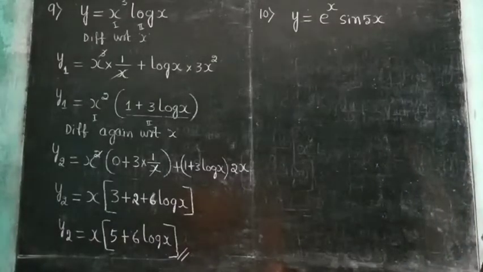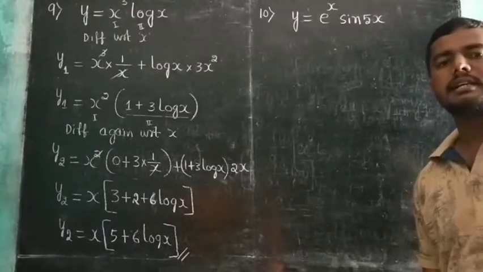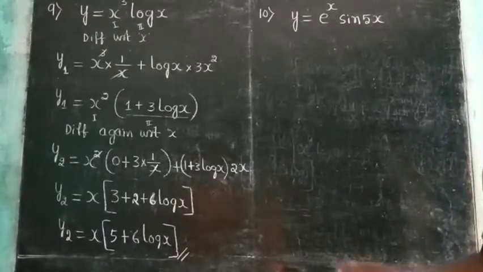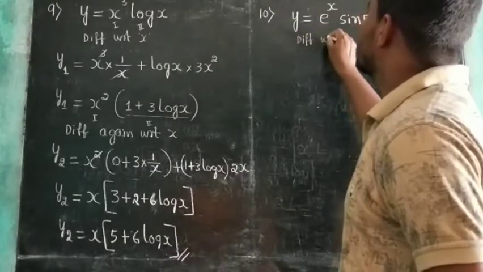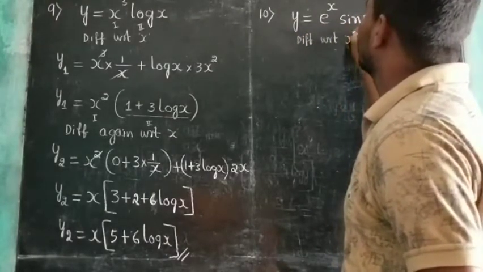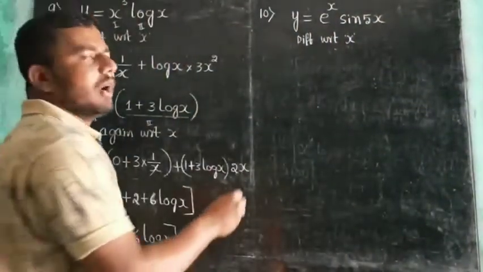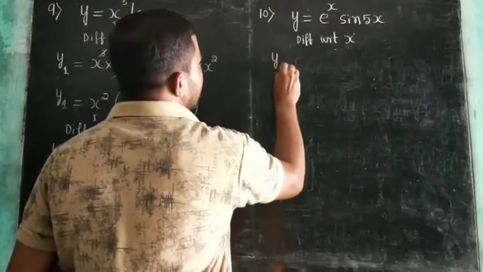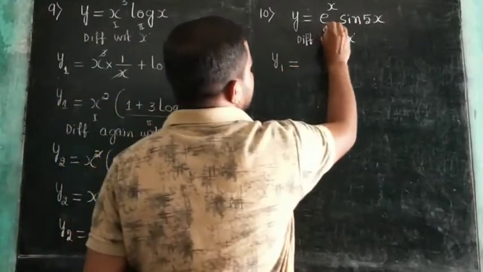y is equal to e power x into sin 5x. Find the second derivative. First, differentiate with respect to x. The derivative of y with respect to x is y1 is equal to, take first function as it is.